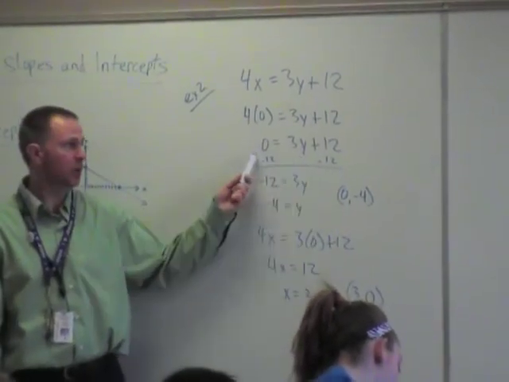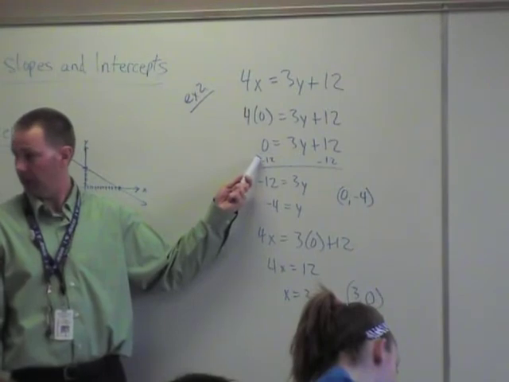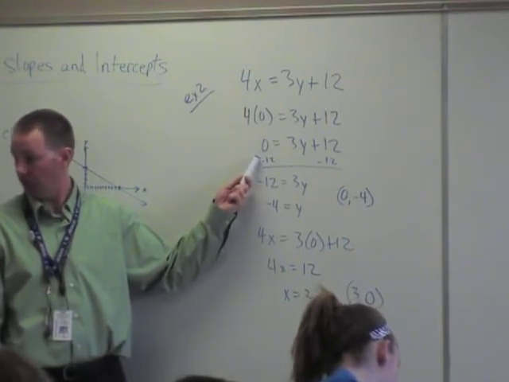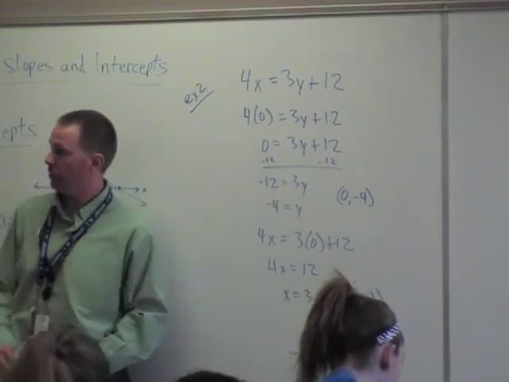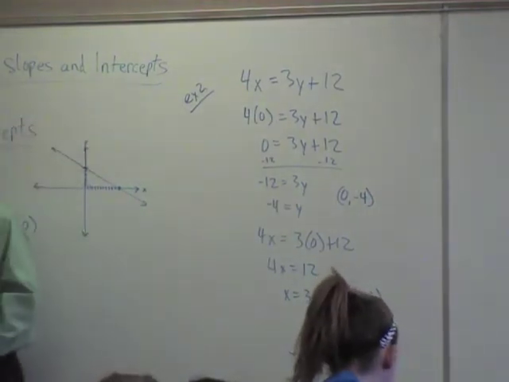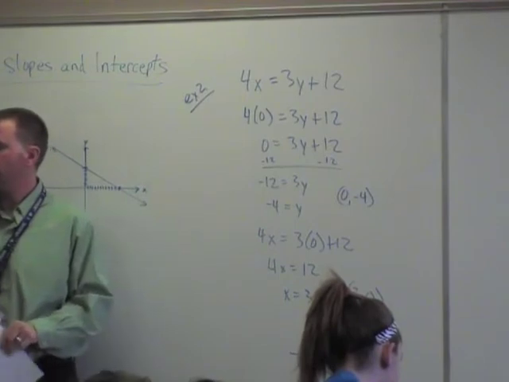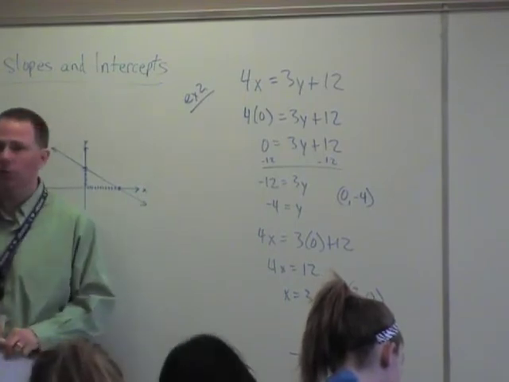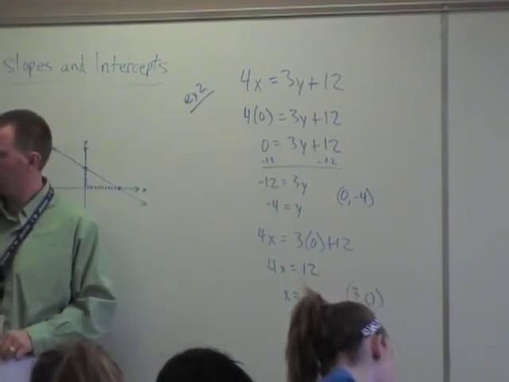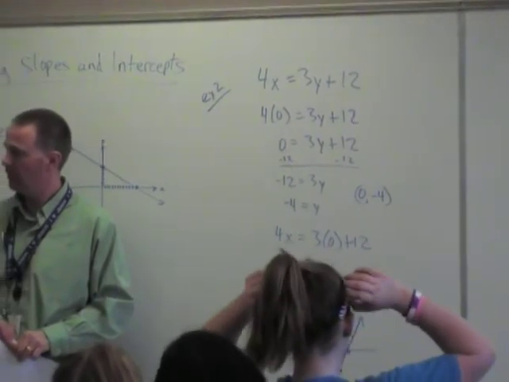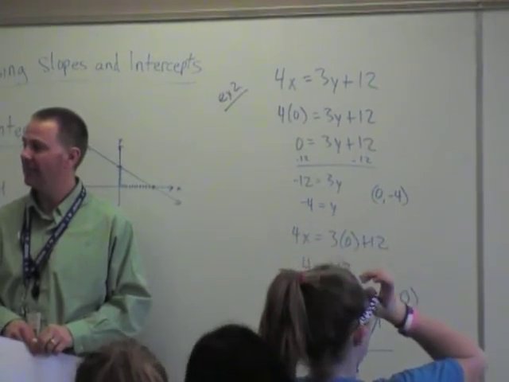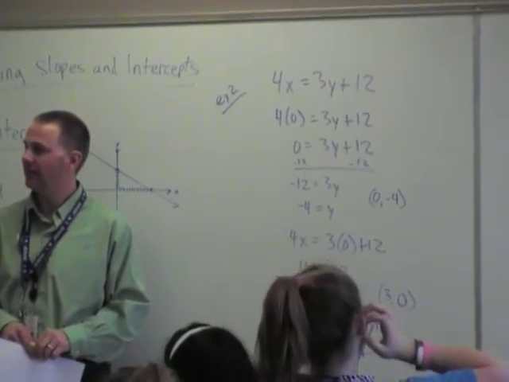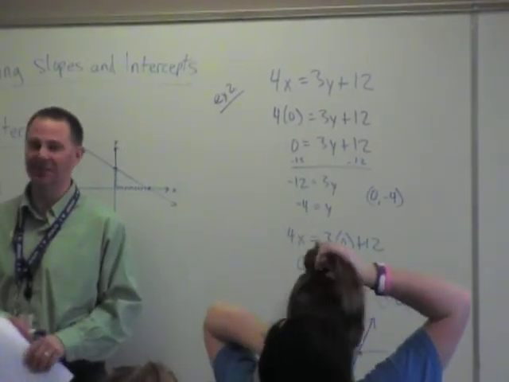I could have subtracted 3y over here, but then this would be a negative 3y. I still would have to divide by a negative 3. Well, divided by negative 3 is negative 4. I subtracted 0 onto 12 and then had 3y. Well, what's 0 minus 0? That's 0 still, and where the 12 is, I put minus 12, so then 3y. Yeah, there you go.